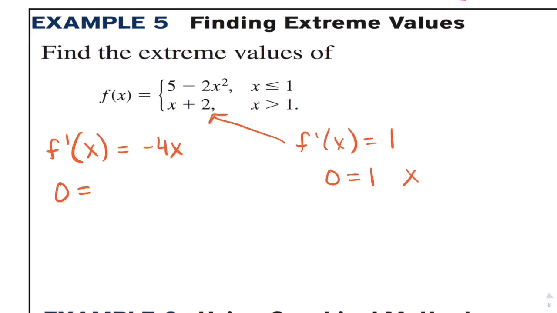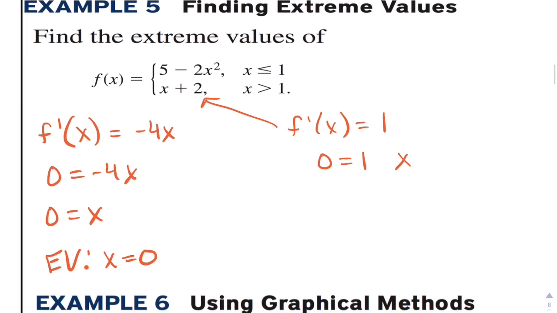So the derivative exists, it's the number 1. In this case, 0 equals negative 4x. So divide both sides by negative 4, we get 0 equals x. So this is going to have an extreme value when x is 0. This one doesn't have any extreme value, but let's see when put together, do these derivatives equal each other at the location 1?